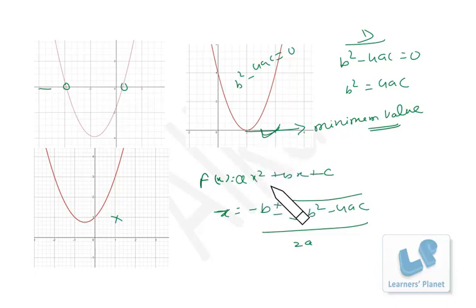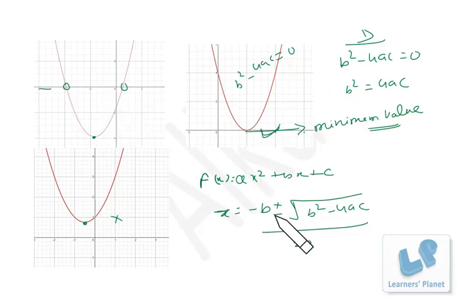So you can find out the minimum value of ax square plus bx plus c in this case. Again, you can find the minimum value because you can see this peak at the bottom. Over here also you can find out the minimum value, right?